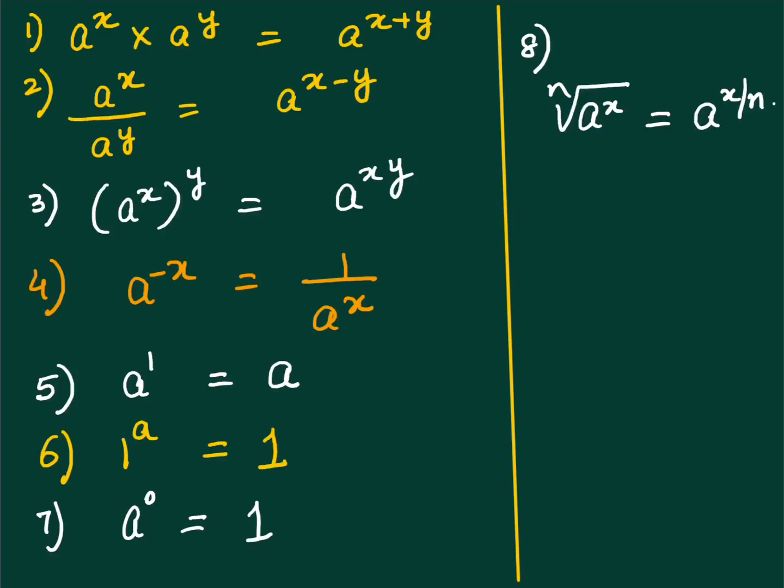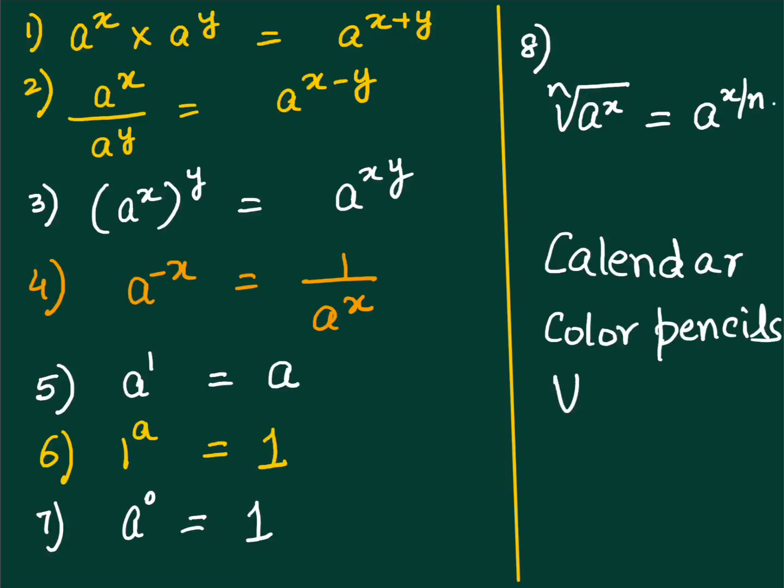So here we have a complete list of the formulas that you have learned in this 3-part series of videos on indices or exponents. Now the best thing for you to do would be find out an old calendar or a blank sheet in your house. Grab some color pencils or sketch pens. Write these formulas on that chart paper or an old calendar which has got a blank sheet on it.